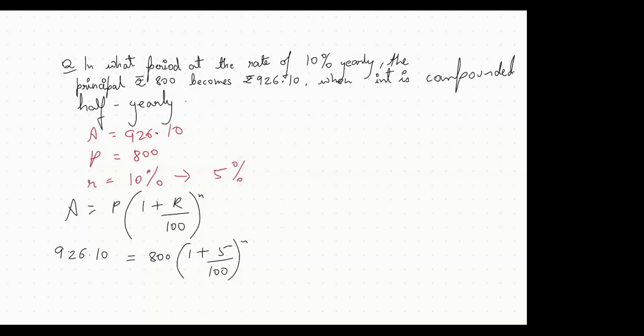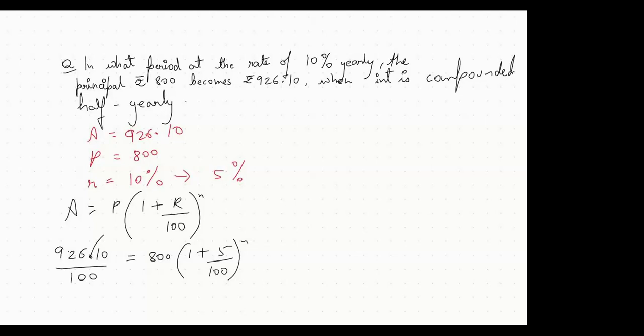Now here I have a decimal point and I can remove it. So it becomes 92610 divided by 100, because after the point there are 2 digits, so 2 zeros. I can cancel the zeros.